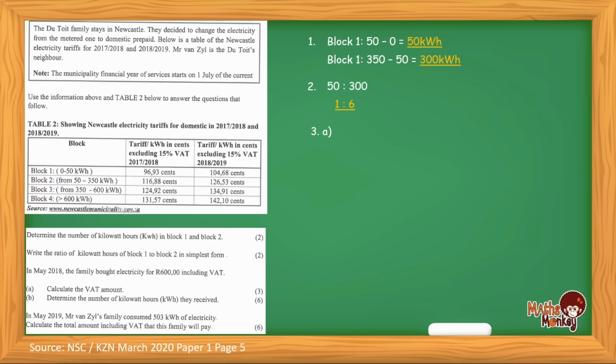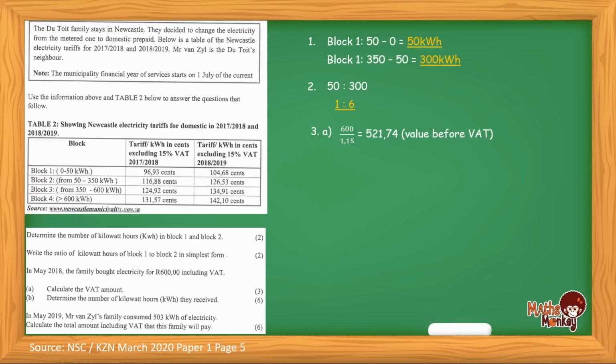So 600 now, guys, is how much we paid. But this value includes VAT. We want to find out what is just the VAT value. So the first thing you're going to do is find the value excluding VAT. So I'm taking the including VAT value, dividing it by 1.15, and I end up with 521.74.